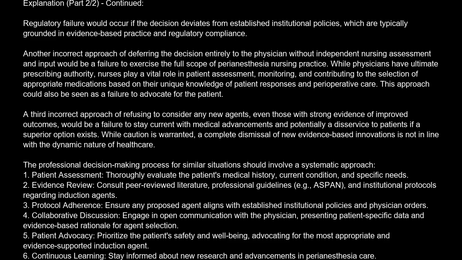Collaborative discussion. Engage in open communication with the physician, presenting patient-specific data and evidence-based rationale for agent selection. 5. Patient advocacy. Prioritize the patient's safety and well-being, advocating for the most appropriate and evidence-supported induction agent. 6. Continuous learning. Stay informed about new research and advancements in perianesthesia care.